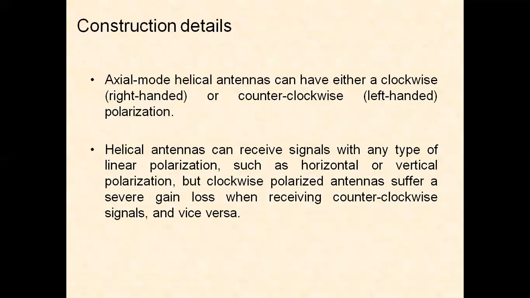Helical antennas can receive signals with any type of linear polarization, such as horizontal polarization or vertical polarization, because the helical antenna is circularly polarized. But clockwise polarized antennas suffer a severe gain loss when receiving counterclockwise signals and vice versa.